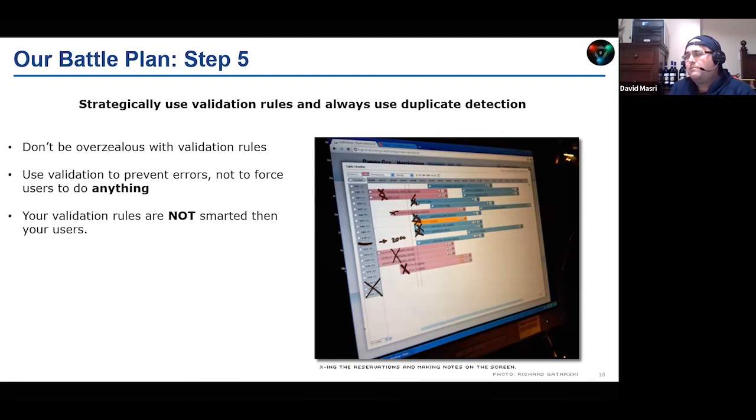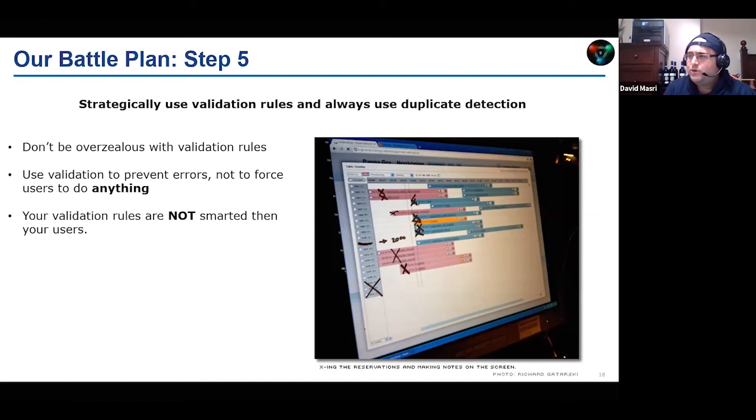And I'm very cautious to say strategically and not heavily, because overzealous validation rules cause problems. What happens is you want to use validation rules to prevent errors, not to force you to do anything.